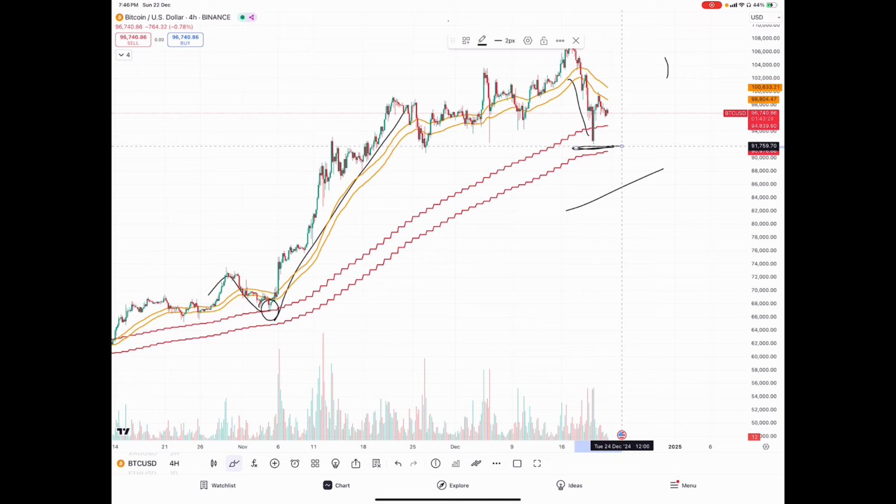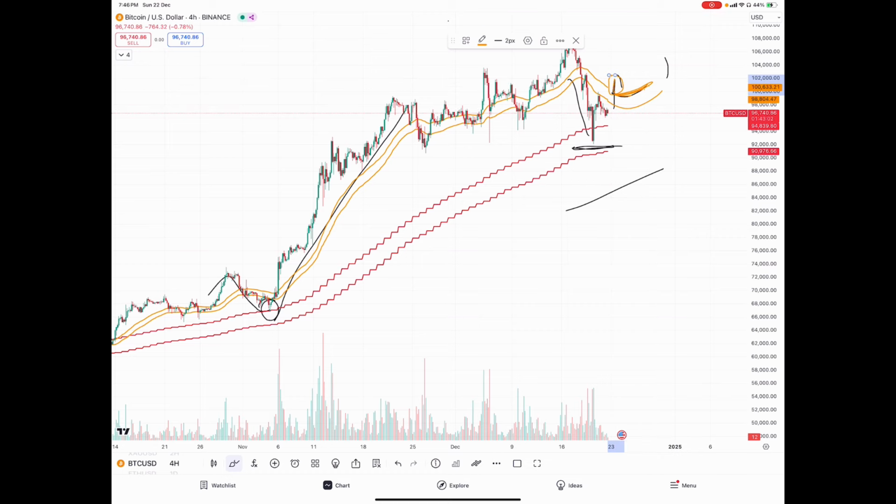So don't consider this as a bullish move unless the candles close above the orange line. And if the candle closes above the orange line, then only we'll take the bullish trade.